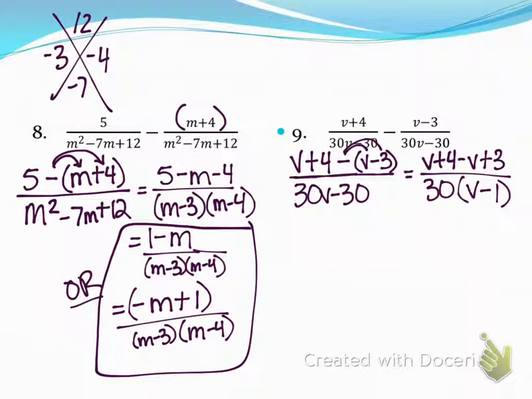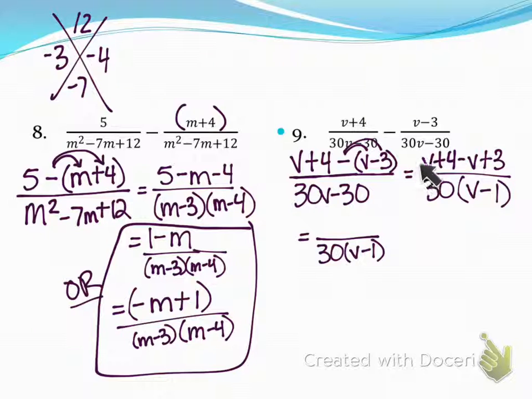All right, on my next step, it might be my last step, I don't really know yet. On my next step, what do I need to do? Combine like terms in my numerator. So my denominator I'll leave alone.